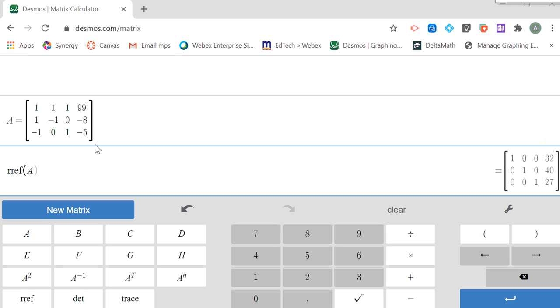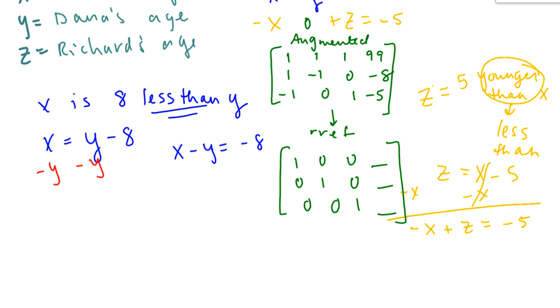Okay, so when I entered this into desmos.com/matrix, I entered it in A, I RREF'd it, and I got 32, 40, and 27 for my answers.